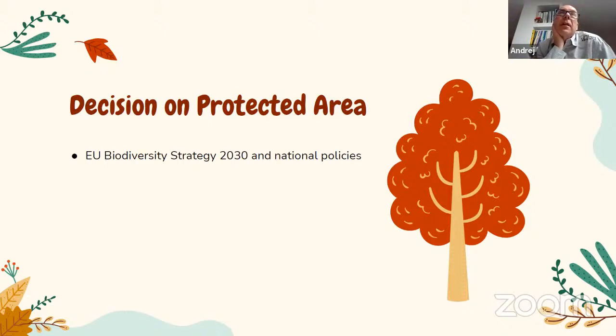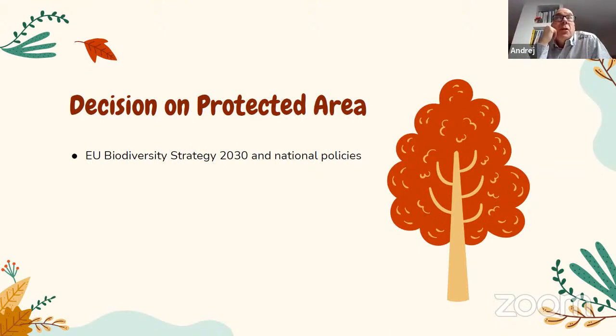So we are very close to this target, the 30% of inland areas to be protected. We will easily, I mean, easily in brackets, but we will get this 3% more for sure.